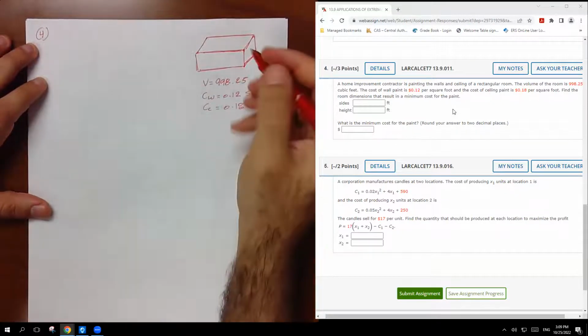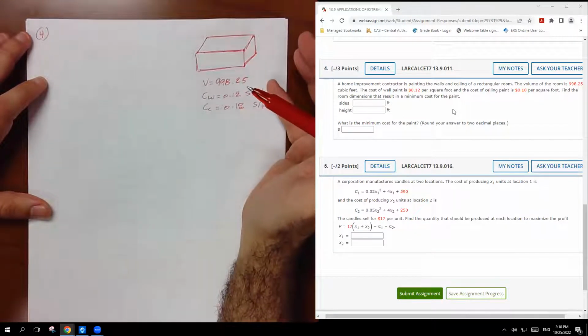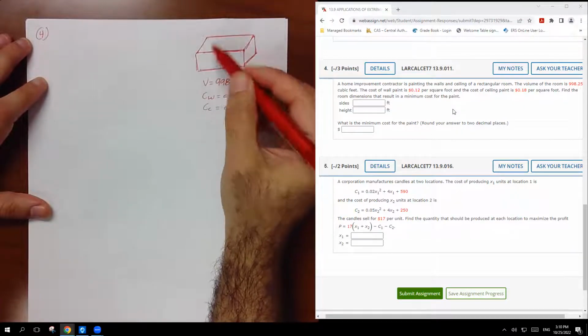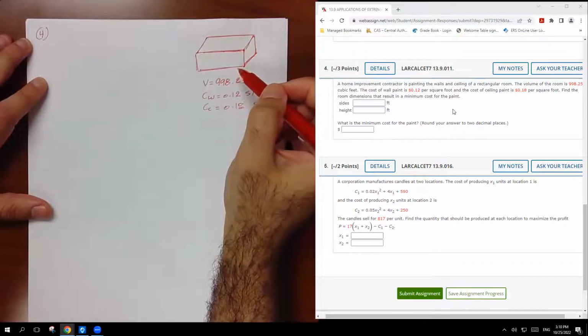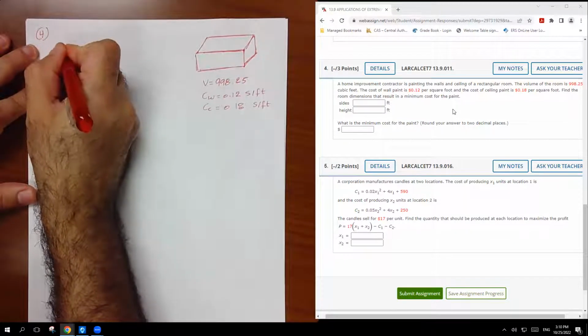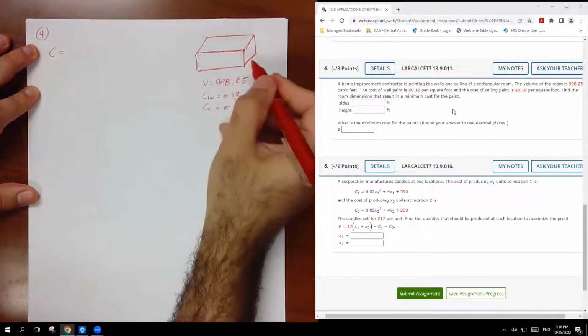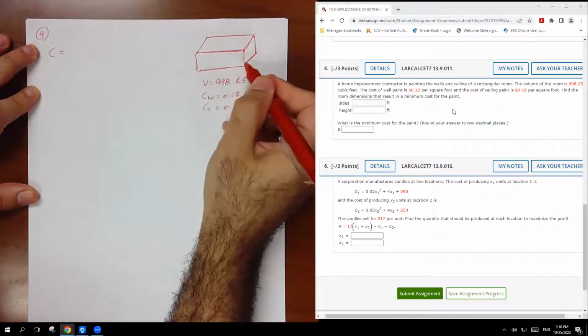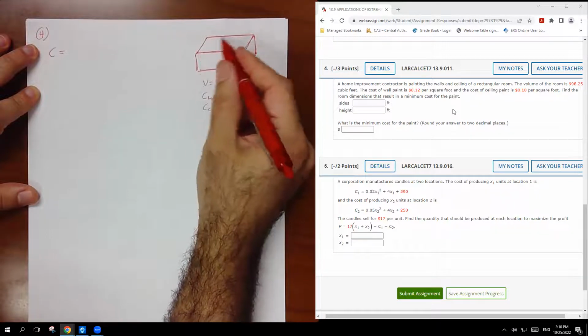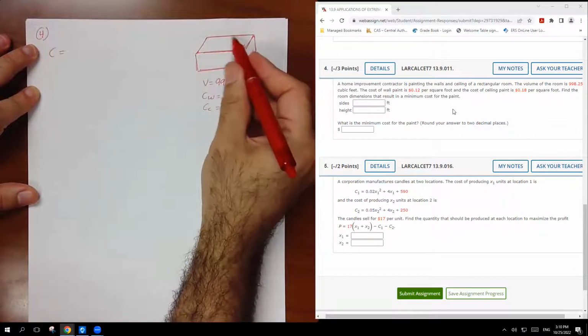So here is the thing. First of all, we need to find the total cost, which means the cost for painting everything except the floor, because we're not going to paint the floor. We're just going to paint the walls, which is 4 sides, and the ceiling.